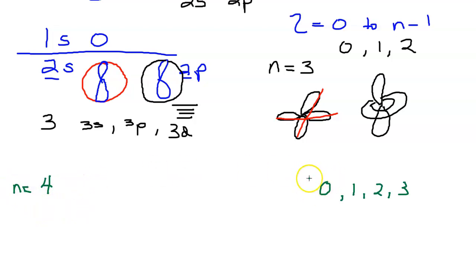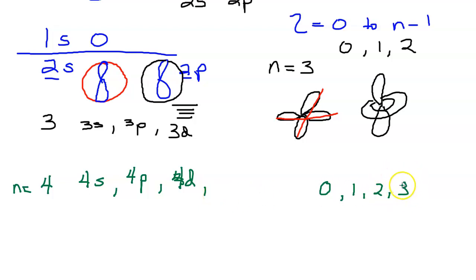Well, guess what? You're still going to have a 4s. Of course, it's bigger, still spherical, than a 3s. You're going to have a 4p, same shape as a 3p, but bigger. You're going to have a 4d, right? Because I'm in the fourth energy level, n equals 4. And then we're going to have one more.